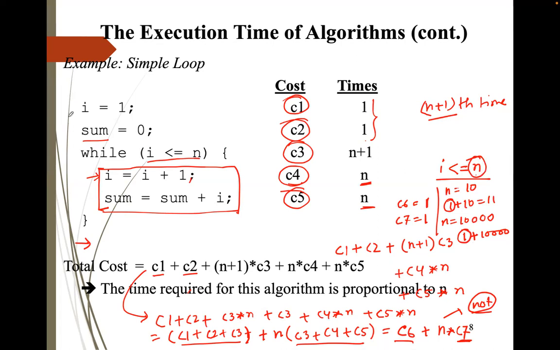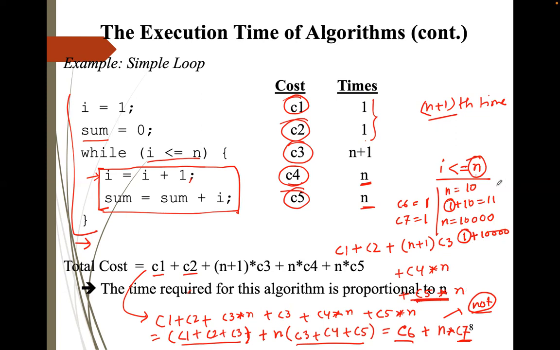So in this algorithm, the time required is proportional to n. It doesn't matter how large the value of the constant is. The total cost is going to depend significantly on the value of n, or we can say the value of the input size.